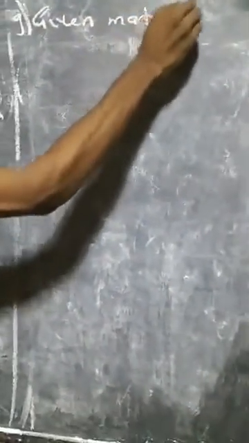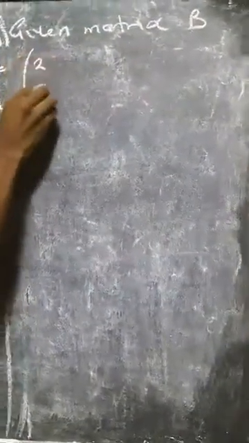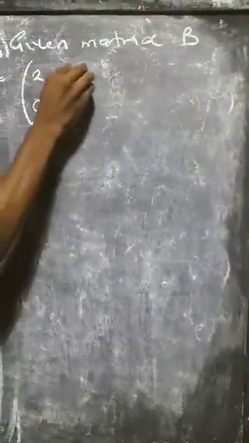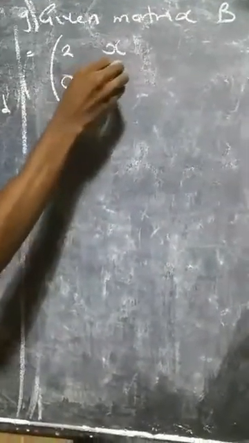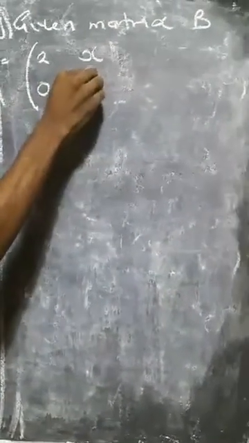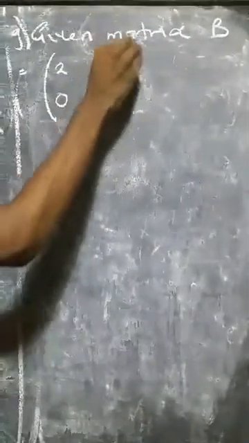So given matrix B is equal to 2, 0, x, and let's put x here as well.